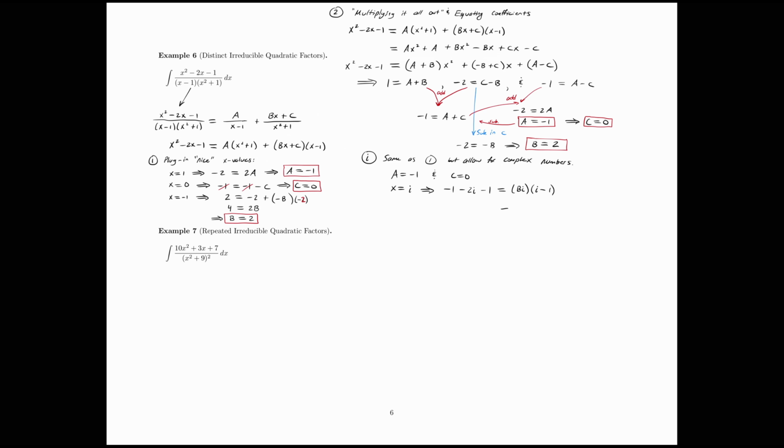Do the same thing. We'll factor things out and simplify. So this is -2 minus 2i. And if we distribute the bi, we have bi squared minus bi, which is -b minus bi. So we got -2, -2i.